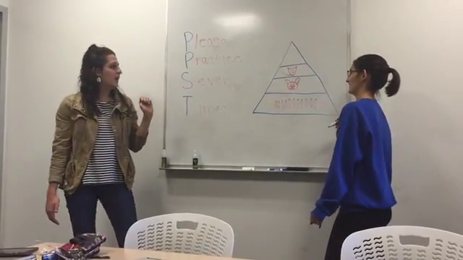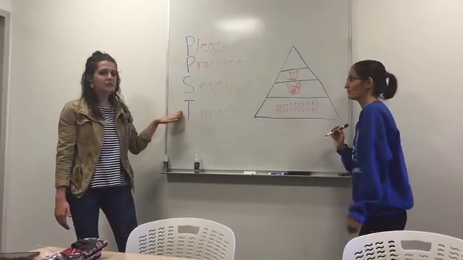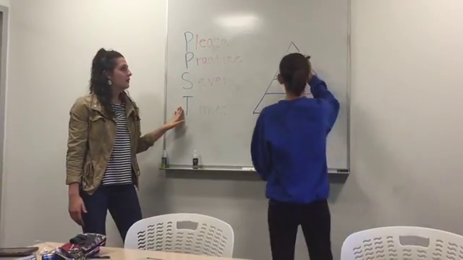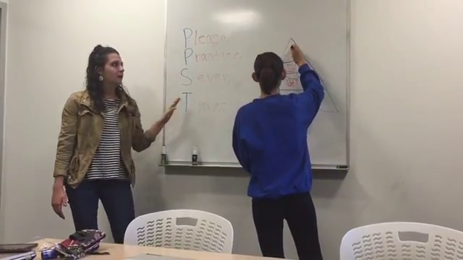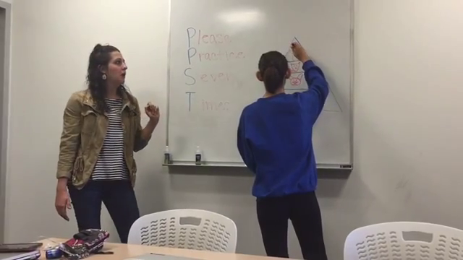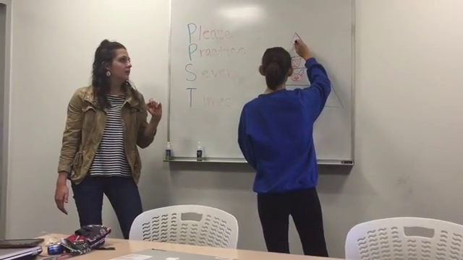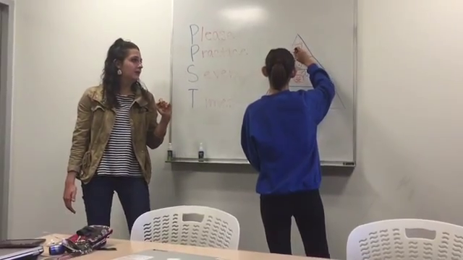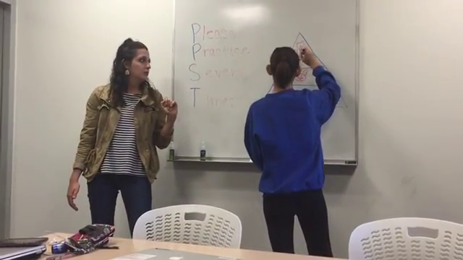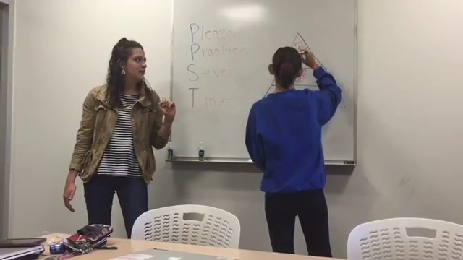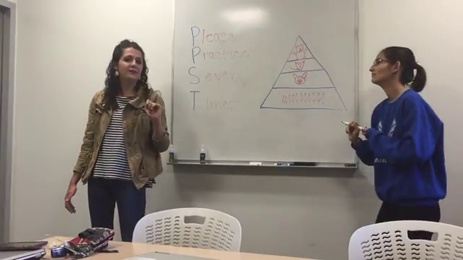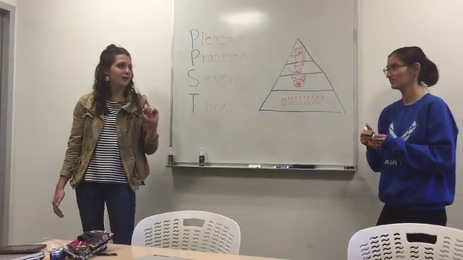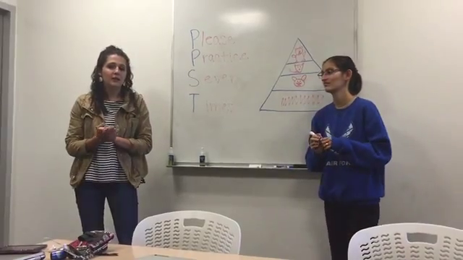Okay, and then after that we're going to go to the tertiary level, and so our bear is going to eat our fox. And this is all in a grassland ecosystem. And there you go. That is an example of an energy pyramid.